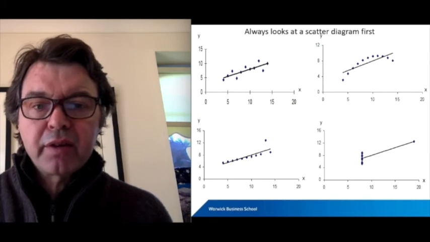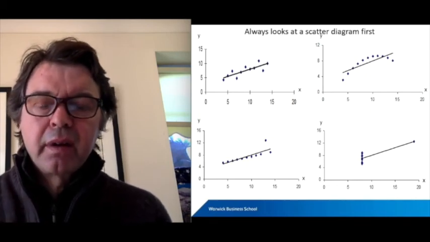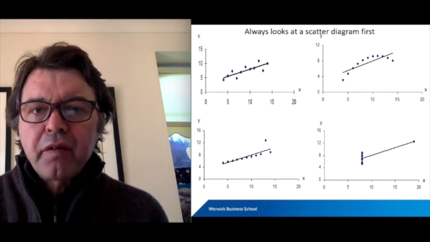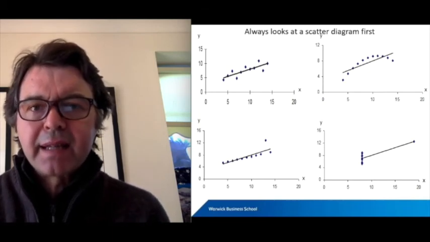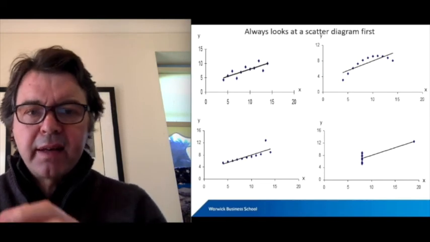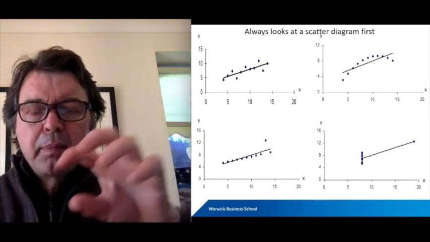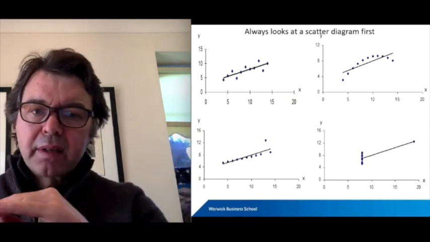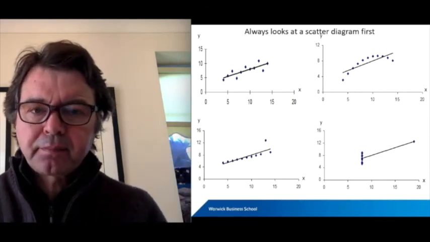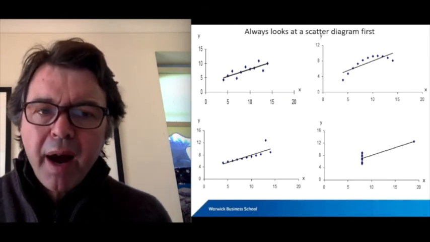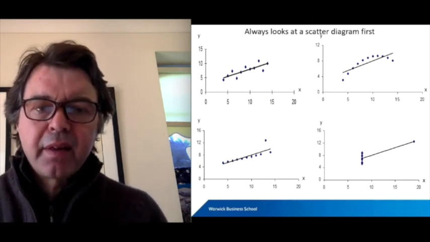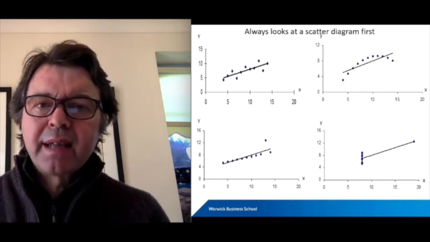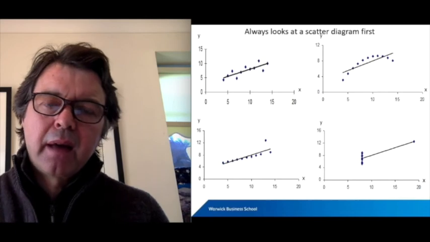If we look at the top left scatter, we can see that the model is perfectly summarizing that data. We've got data showing a nice positive linear relationship, and the model is perfectly summarizing it. But if we look at the top right, we can see that the model is not summarizing that data accurately.